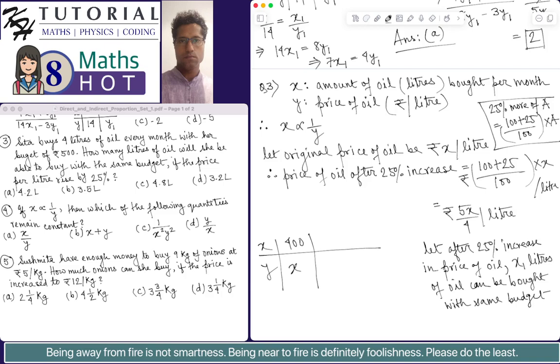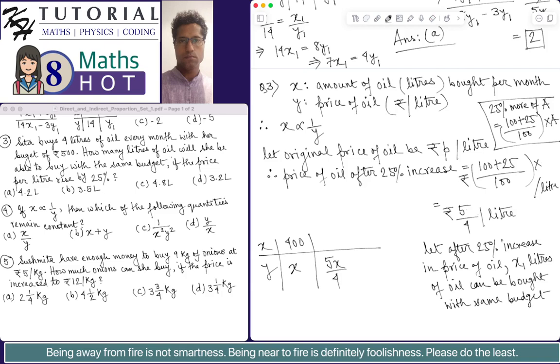So the second data, corresponding values we will have, is that the price has now increased by 25%. The price has now become 5x by 4. Oh, sorry. Let the original price of oil be not X. We cannot use X because we are already assuming X to be the amount of oil. So let's consider another variable, let's say P, rupees P per liter.